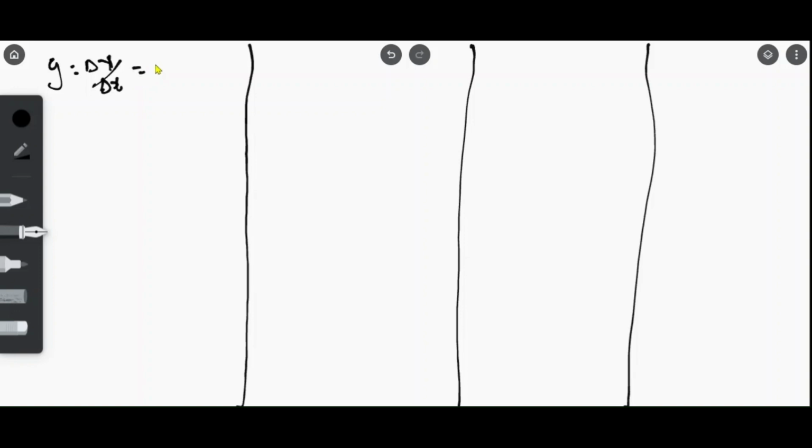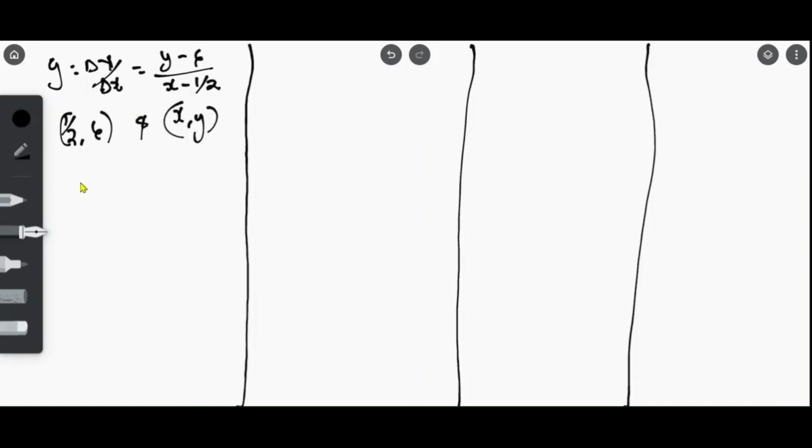And I have one of the points, let me write the points down, a half, 6, and the gradient, and I'm using together with x and y. So I'll say y minus 6 all over x minus a half. Then I go ahead and substitute.